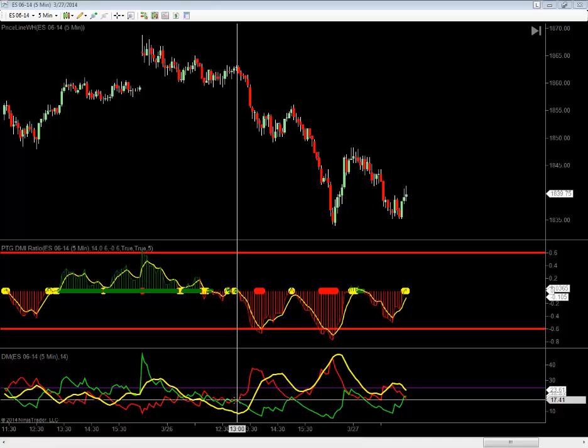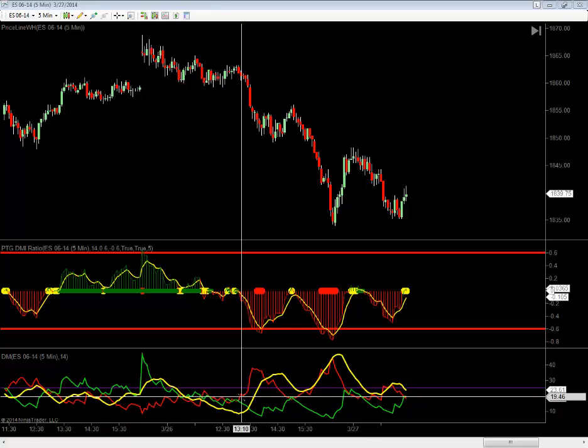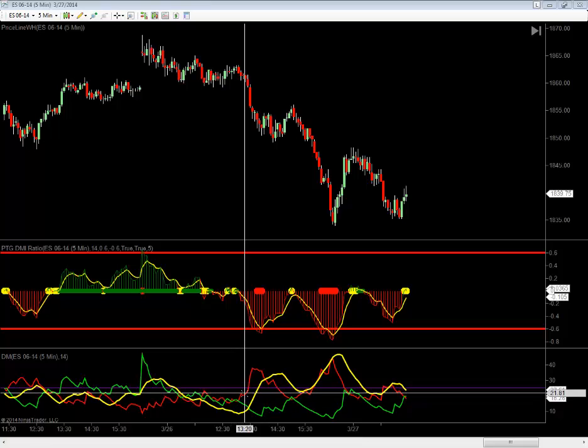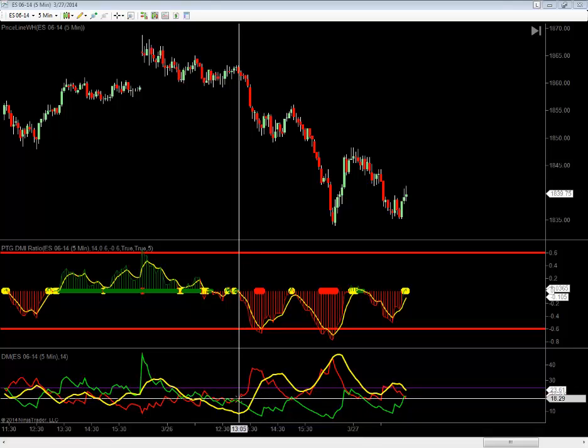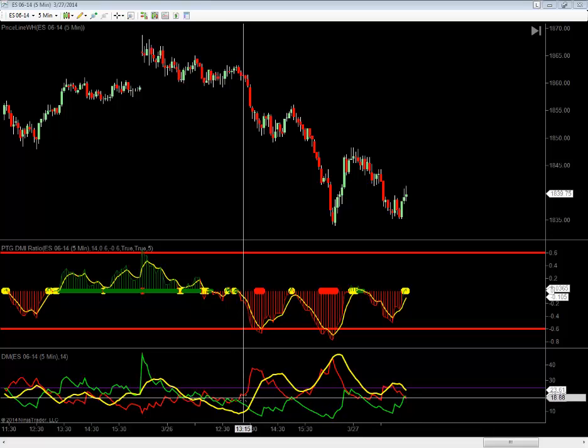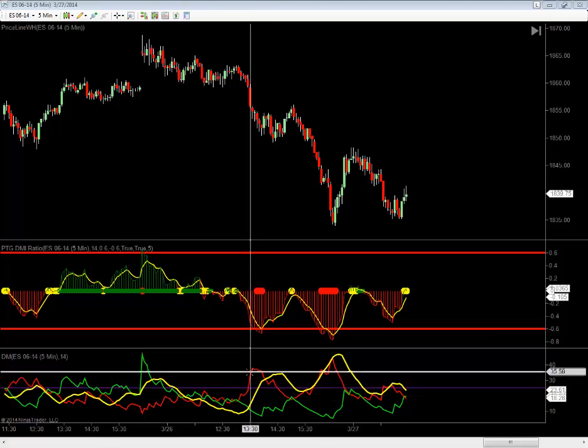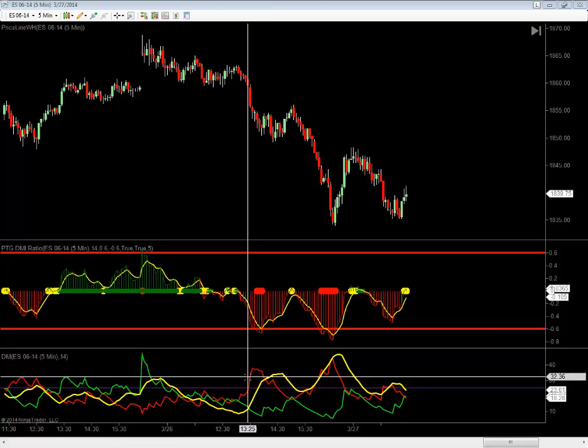But the problem that most traders run into with the original version is that when the selling pressure increases, the price is actually trading lower, yet the minus DI line, which indicates selling pressure, is increasing. So it's a little bit counterintuitive to how most oscillators and traders traditionally like to view the market.